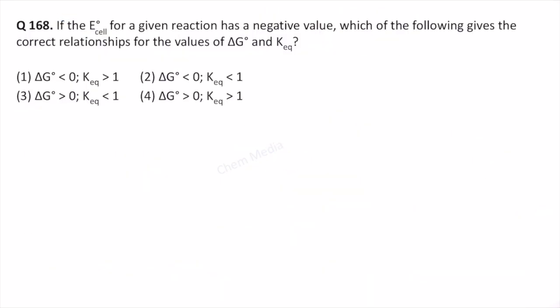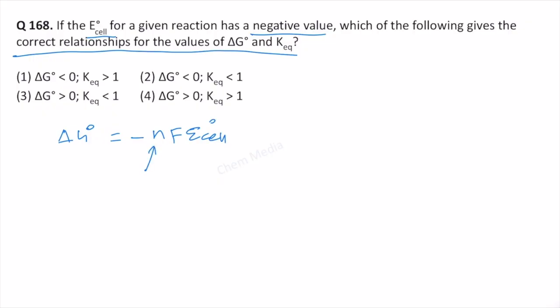If the standard electromotive force of a cell for a given reaction has a negative value, which of the following gives the correct relationships for the values of delta G naught and K equilibrium? We know that delta G naught is equal to minus nF E cell standard, where n is the number of moles of electrons transferred in the redox reaction, F is the Faraday constant.